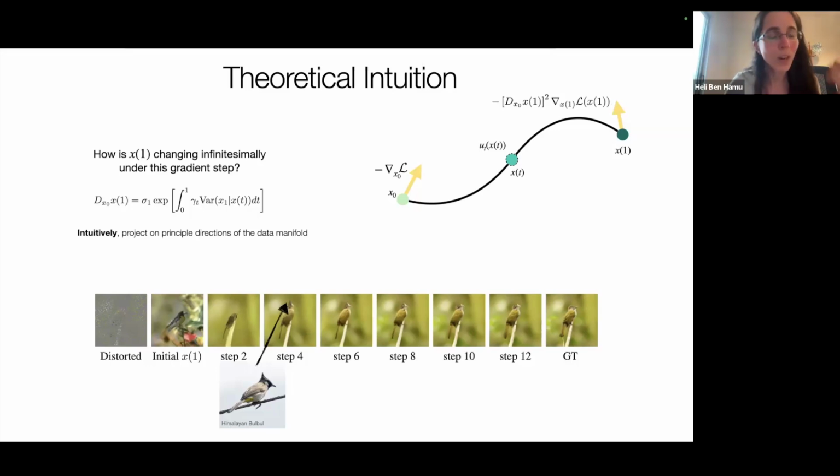I didn't visualize it here, but we also monitored the norm of x0 as we go along, and it remains around the square root of d, which is where most of the mass is concentrated in Gaussian noise in high dimensions. So it has a very nice behavior in the dynamics. This intuition very much makes sense, right? Our x1s still look like samples from our flow. Well, they are samples from our flow.